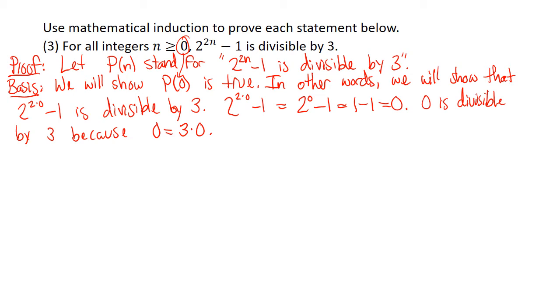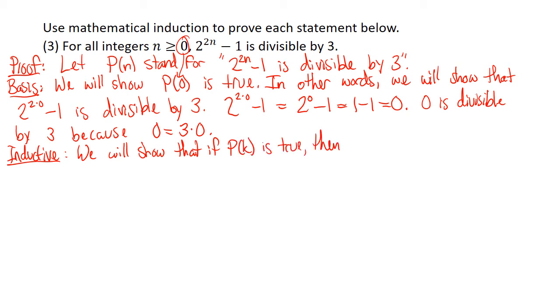Okay, so now the inductive step. We will show that if p of k is true, then p of k plus 1 is true. So just like any other inductive proof, we're going to assume p of k is true.